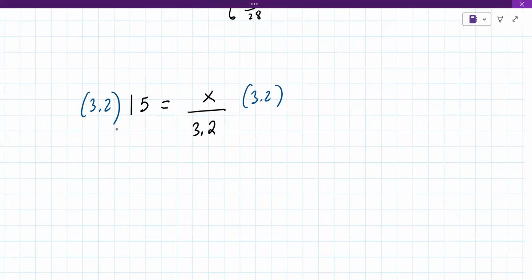So then 15 times 3.2 is 48. It was 48. Good.